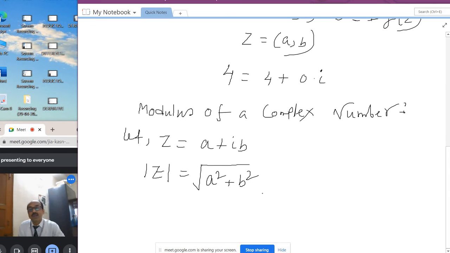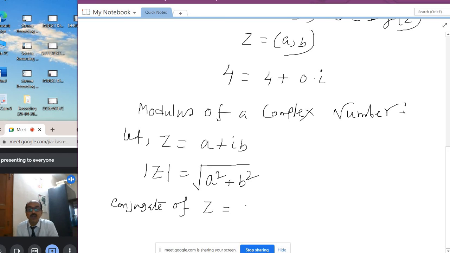Now what is the conjugate of a complex number? Conjugate of z, where z equals a plus ib.